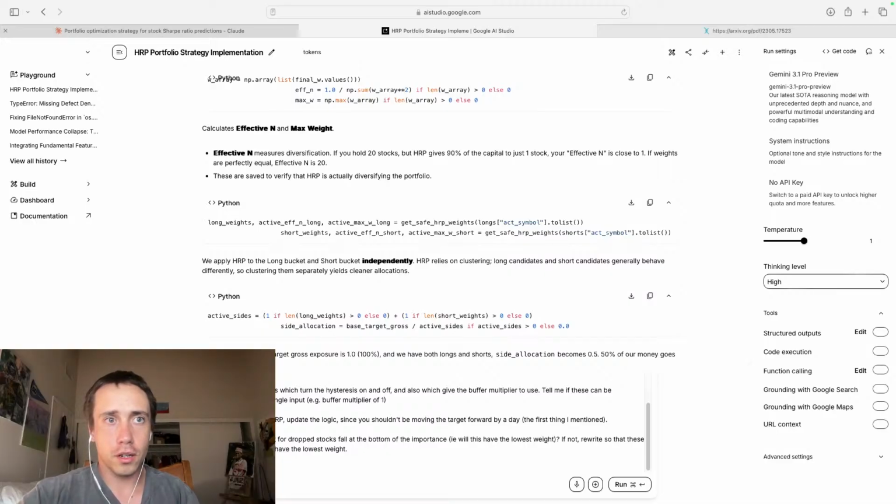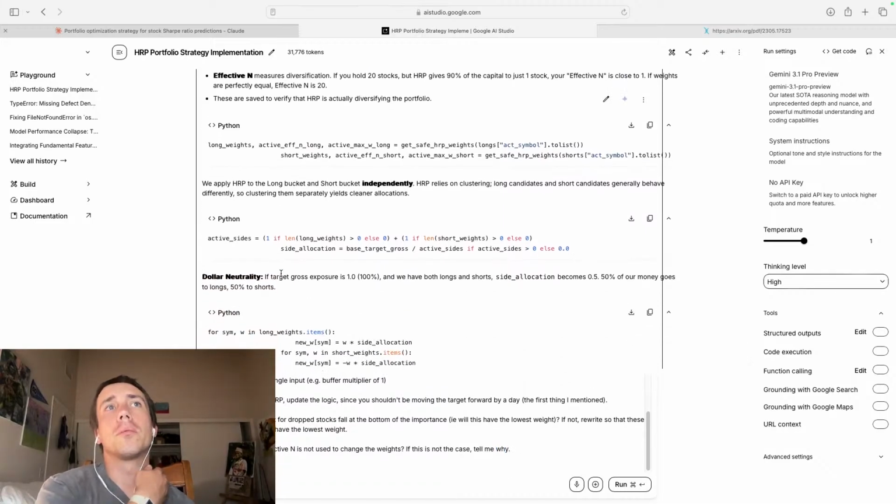Is it the case that effective N is not used to change the weights? If this is not the case, tell me why.